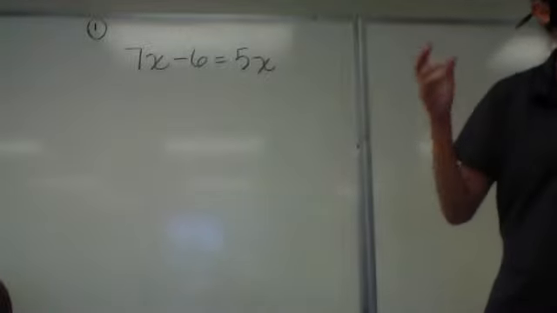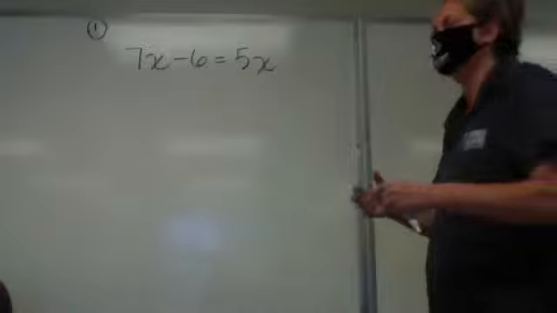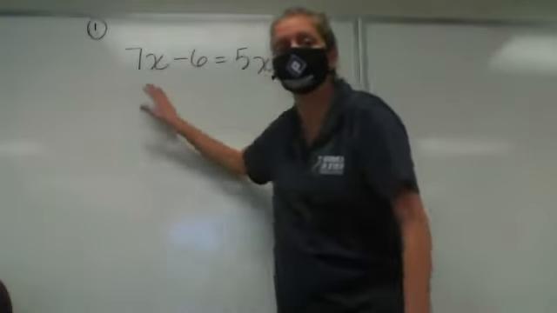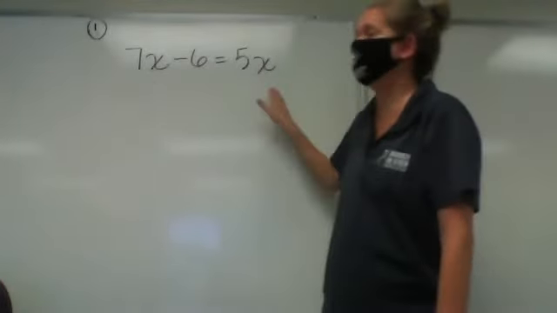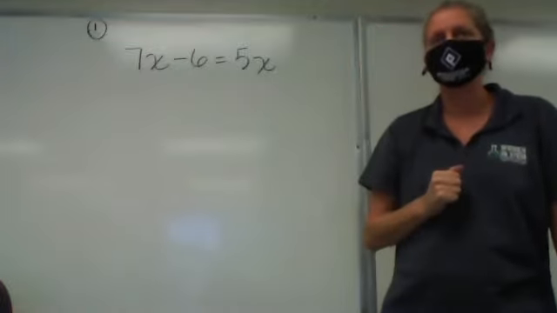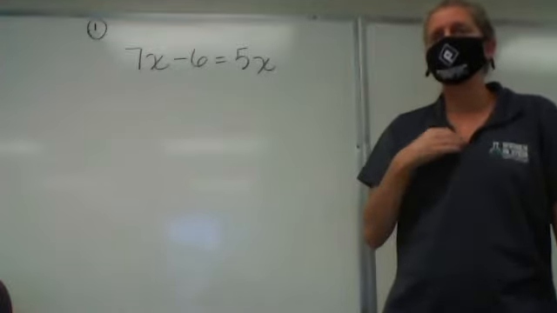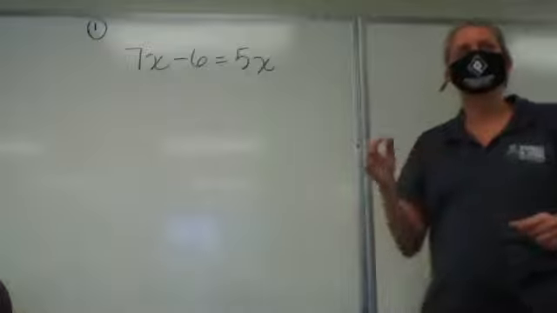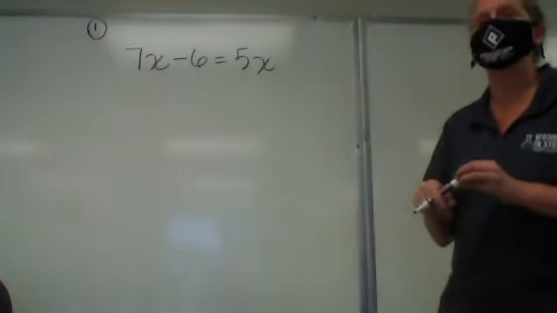There's not a steadfast rule that says which one you have to cancel. You can cancel either the 7x or the 5x. I just prefer to cancel the smaller one because that'll keep my x's positive.